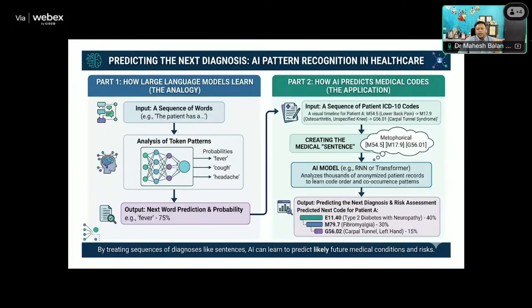I have a set of words. I teach something like ChatGPT. Whenever someone says the patient has, the most likely used word from the internet is fever. So it predicts that it's fever. Now imagine I have claims data and some EHR data, electronic health records data, and I have several medical events that happen to a patient over time, right?